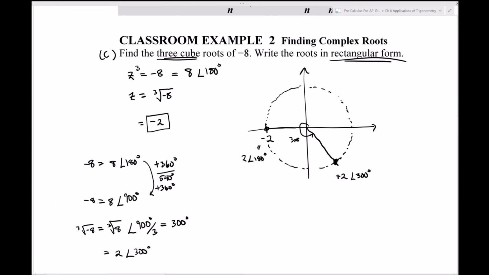Let's find another. So what I'm probably going to do is just keep on going. We're going to take that 900, and I'm going to add another 360, which is going to give me a very large angle. 360 plus that is 1260. See, 1260 is really large.